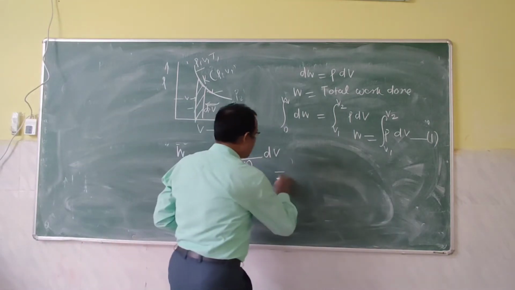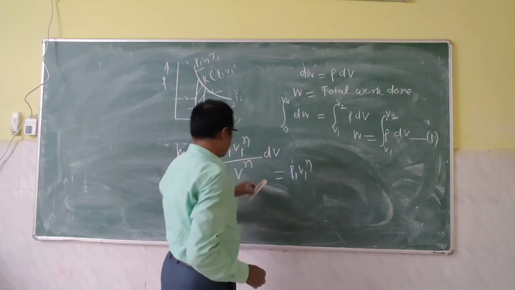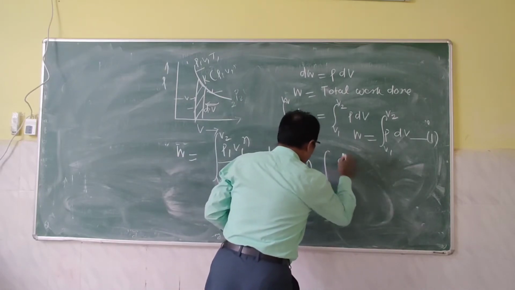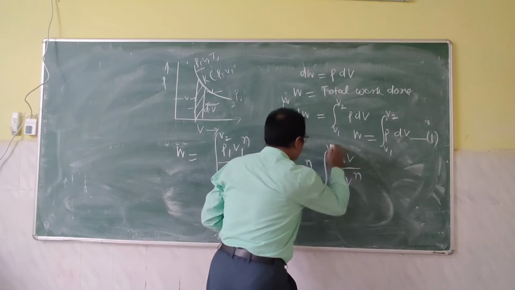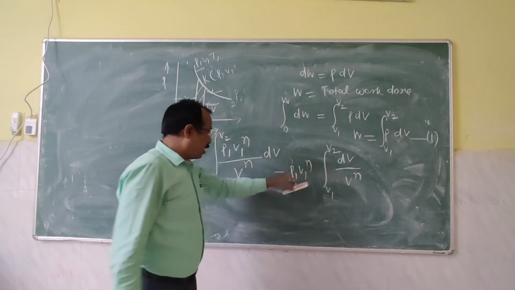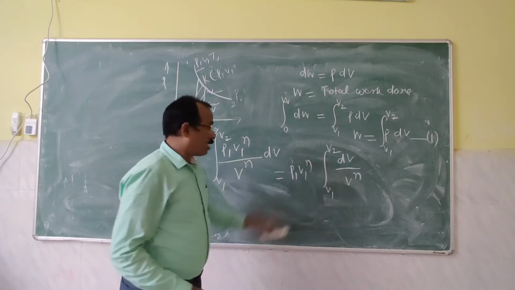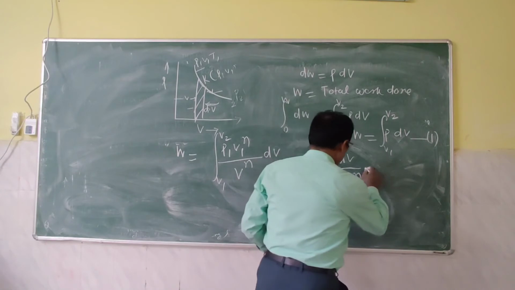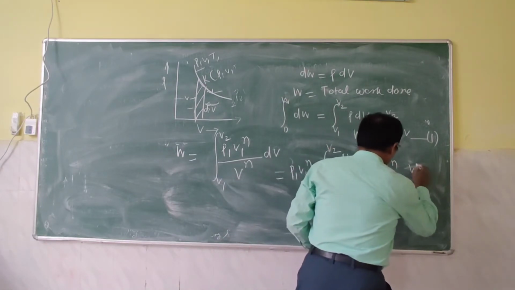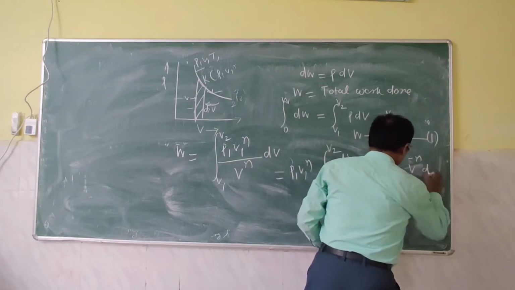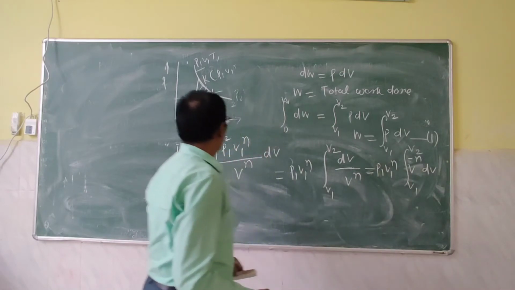or we can write as P1 V1 to the power n dV by V to the power n with the limit V1 to V2. Here P1 V1 to the power n is a constant term, so we have P1 V1 to the power n times V to the power minus n dV with the limit V1 to V2.